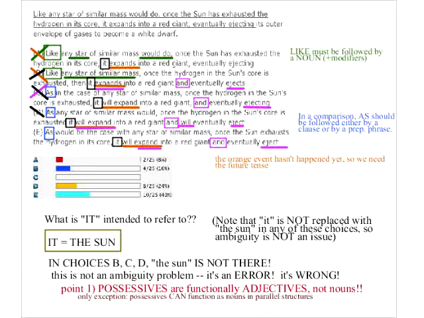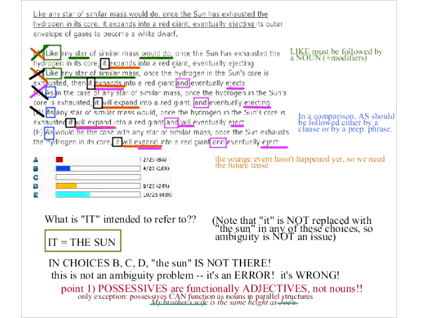For example, if you say something like, my brother's wife is the same height as mine, or is the same height as Joe's. In this case, Joe's stands for Joe's wife. Because it's a parallel structure, that's fine. But in any other instance, it's not. So for example, the sun's here counts as an adjective that modifies core.